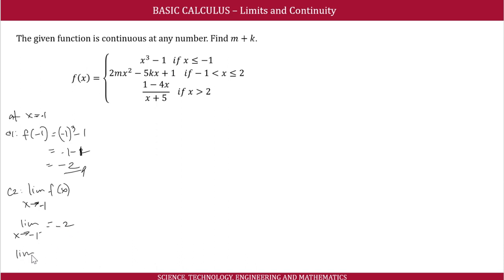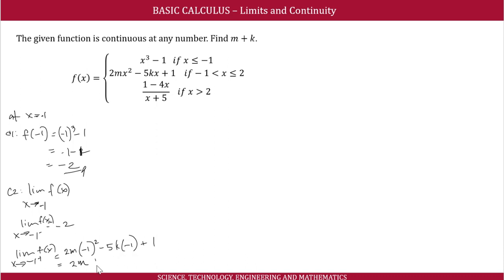Then the limit as x approaches negative 1 from the right. So f of x, that will be the second subfunction because x is greater than negative 1. So substitute negative 1 for x. That will be 2m times negative 1 squared minus 5k times negative 1 plus 1. Negative 1 squared is 1, times 2m, 2m.